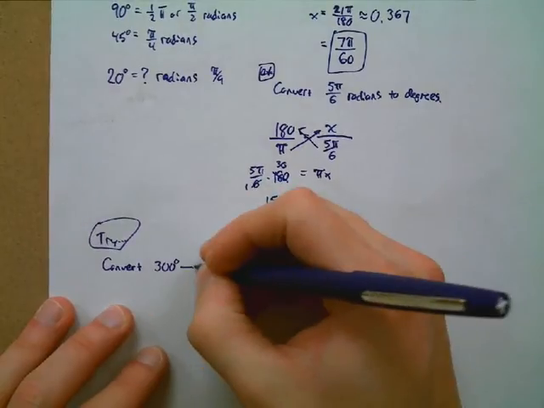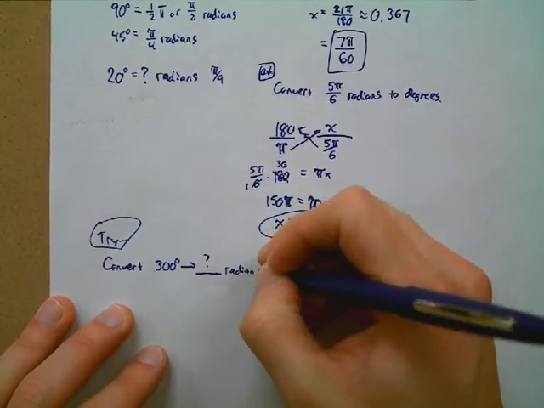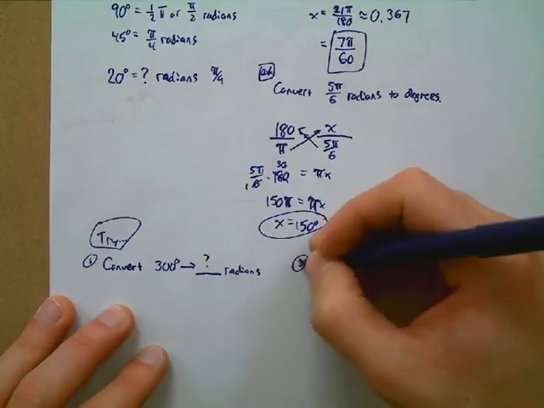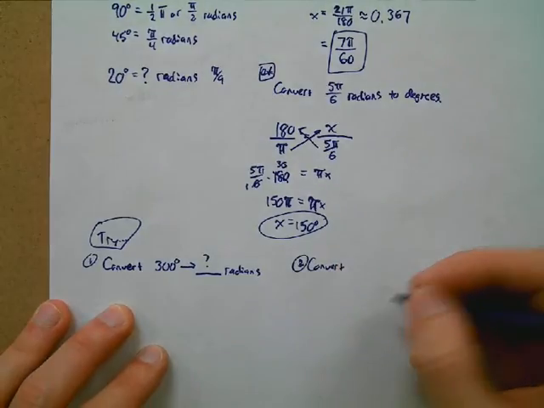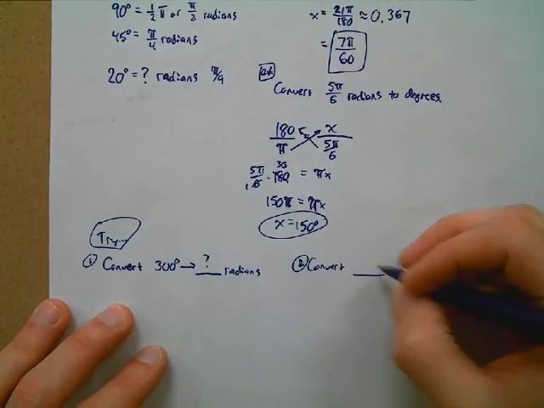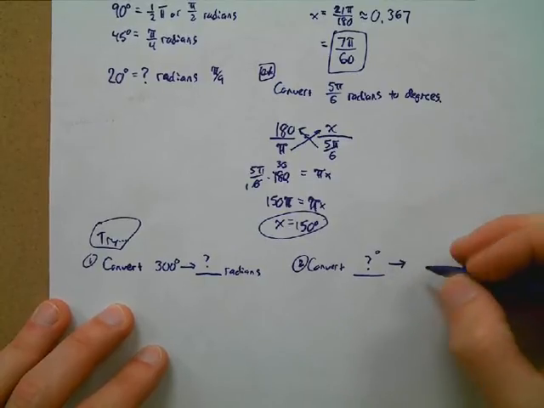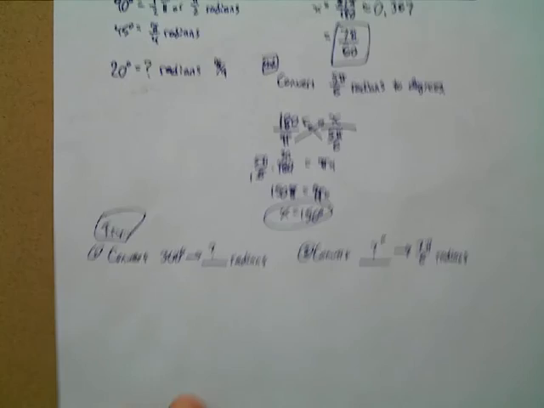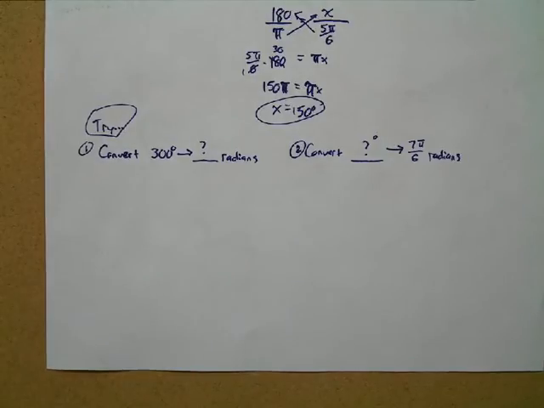And then convert some number of degrees, or what number of degrees gives you 7 pi over 6 radians? Okay, so answer those two. First one, 300 degrees gives you how many radians? And the second one, how many degrees gives you 7 pi over 6 radians?